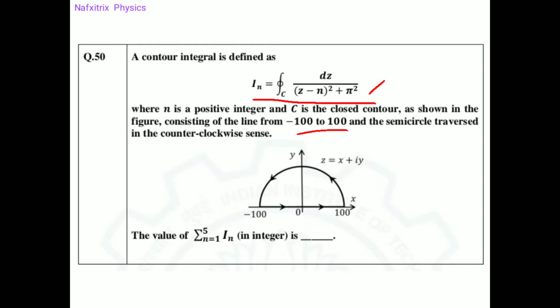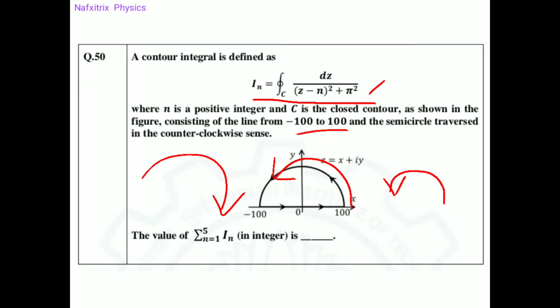So this is the figure. Here you can see minus 100 to plus 100, and it is following the semicircular path, and the semicircle is traversed in the counterclockwise direction. So this is anti-clockwise direction and this is clockwise direction, so it is moving in anti-clockwise direction.